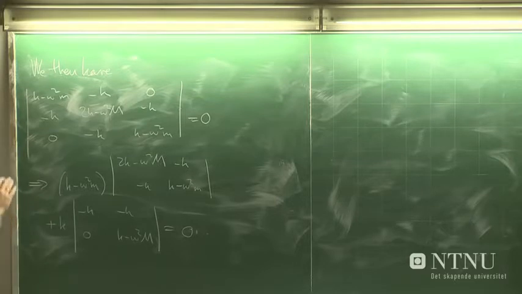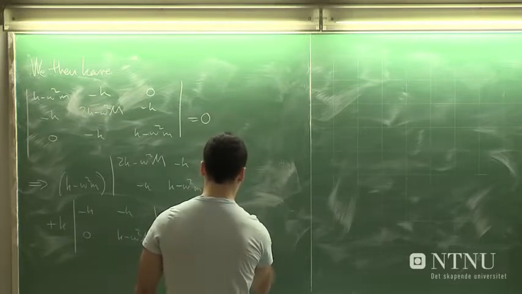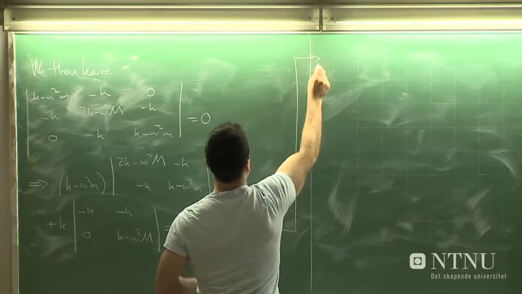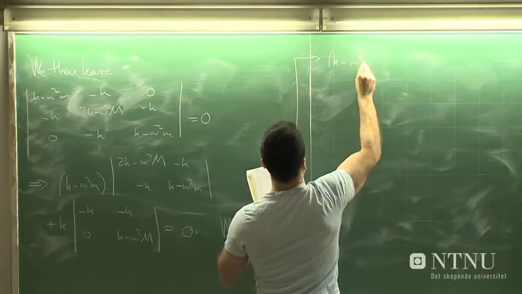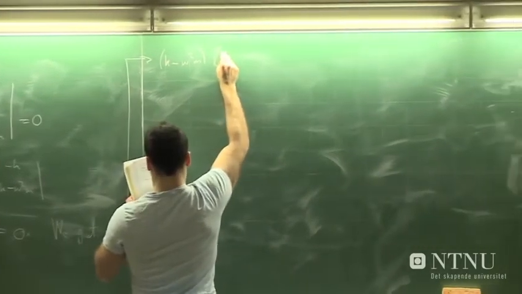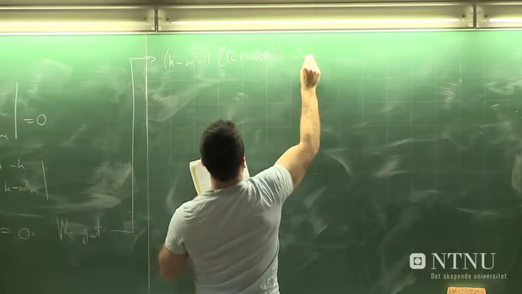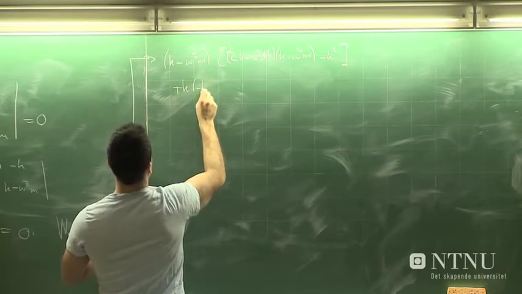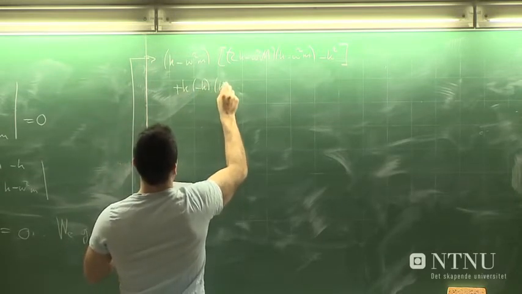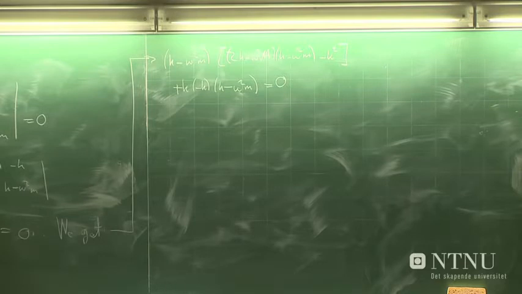So I've expanded this determinant along the first row to obtain this. And hence, this is the equation we have to solve for omega squared in order to find eigenfrequencies.